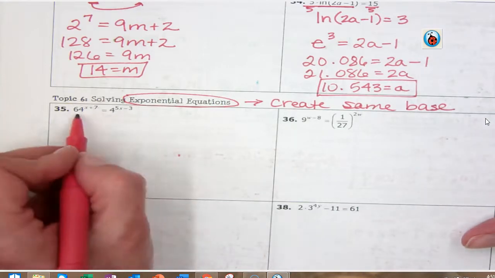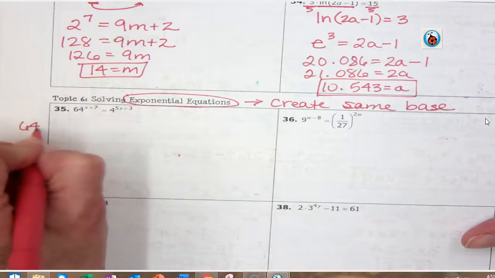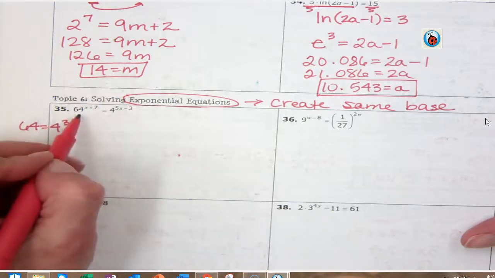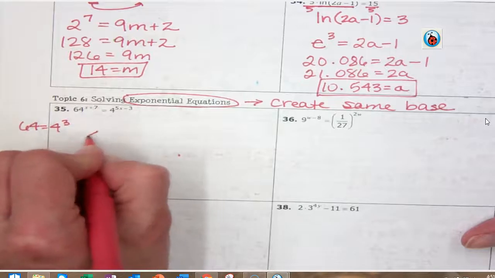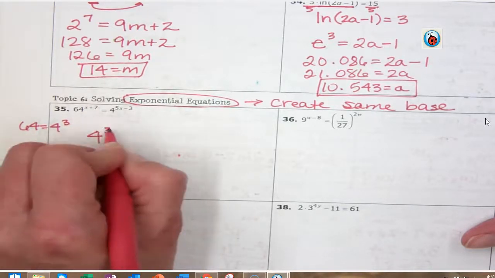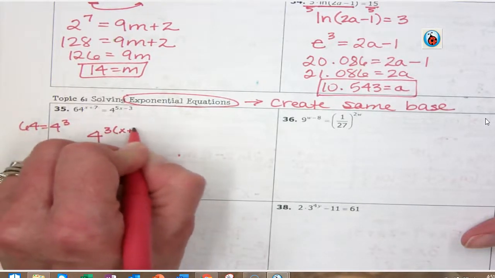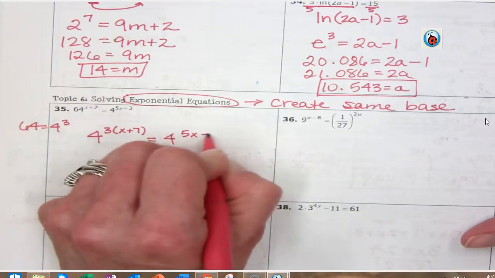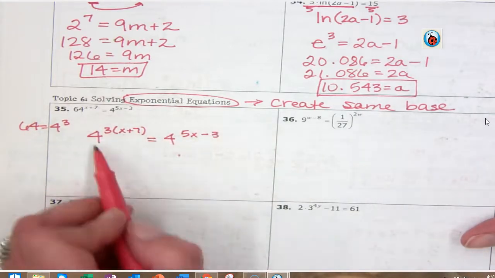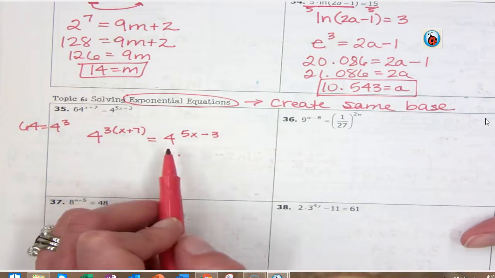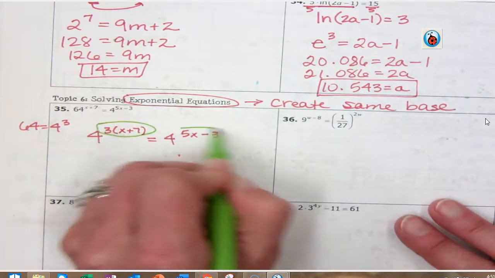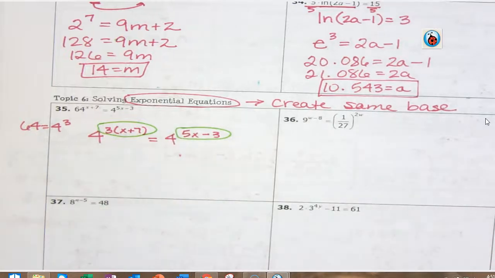So I know that 64 is 4 to the third power. So if I take that 64, 4 to the third power, then I multiply x plus 7 equals 4 to the 5x minus 3. Now I have the same base, so I can set these equal to each other. Do not set those equal to each other until you have the same base.